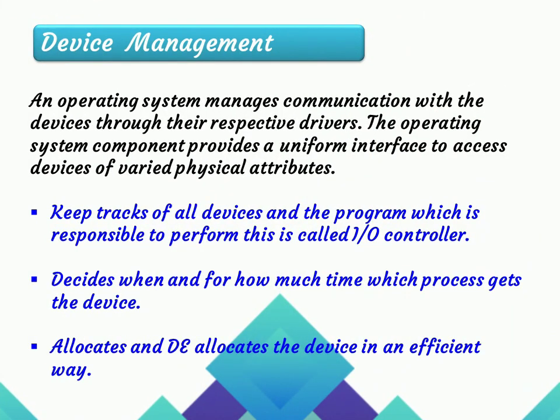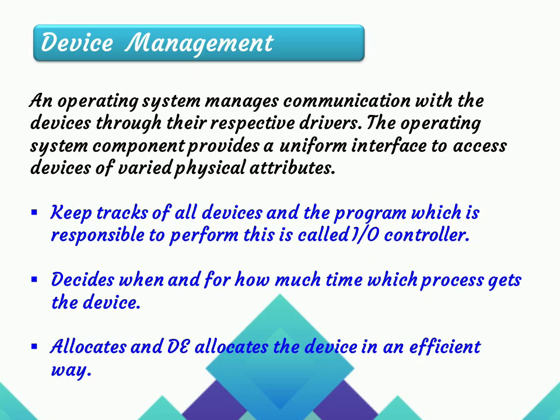Okay. So next we will move on to device management. The OS manages device communication via their respective drivers. It does the following activities. First one, it keeps track of all devices. The program responsible for this task is known as the IO controller.